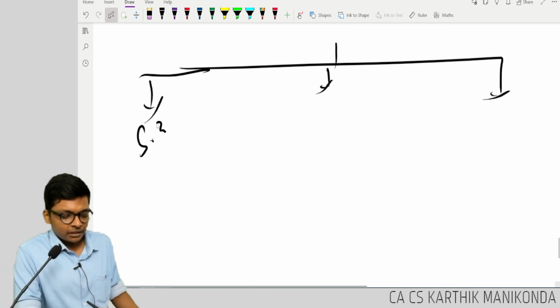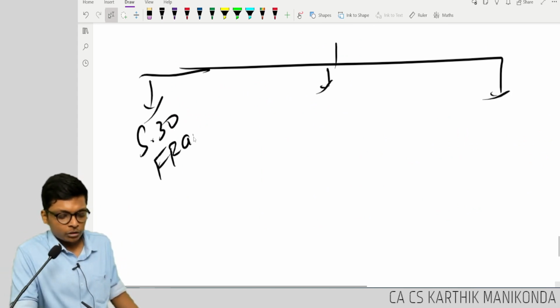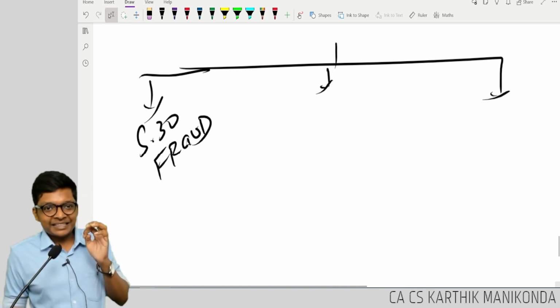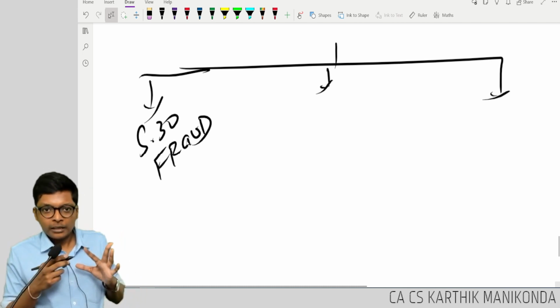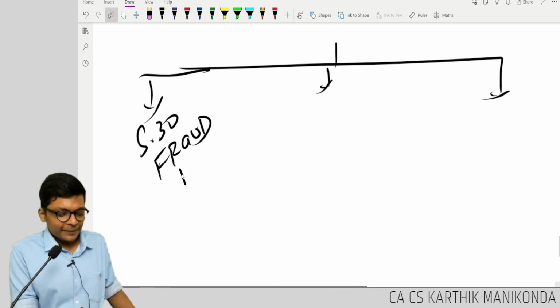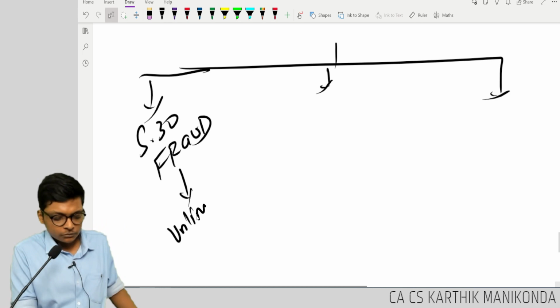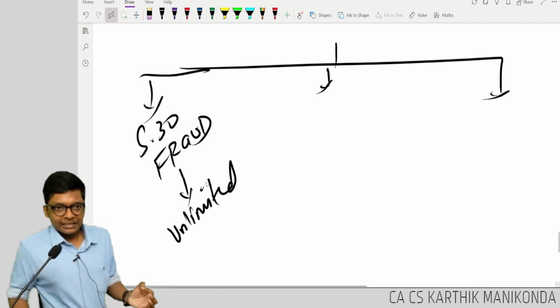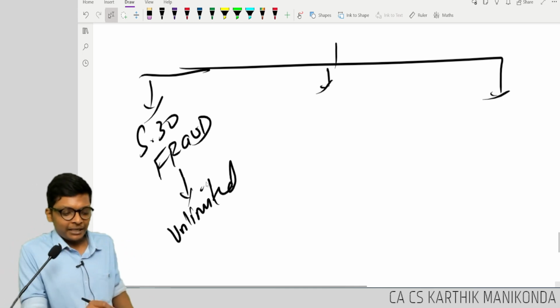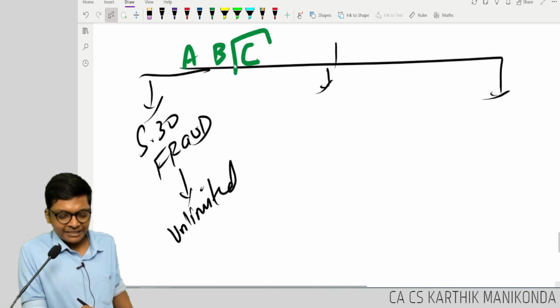Section 30 of LLP, which is talking about fraud. Simple section. If LLP does any fraud, the LLP or the partners, the person who did that fraud, the liability will become unlimited. That's it. Remember, there are 3 partners, partner A, partner B, partner C. If C does the fraud, whose liability is unlimited?